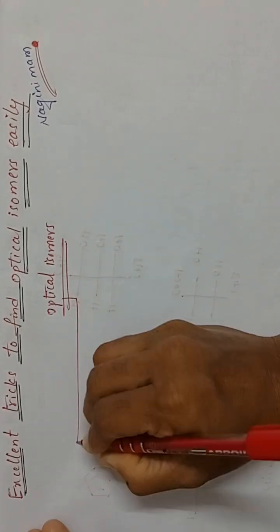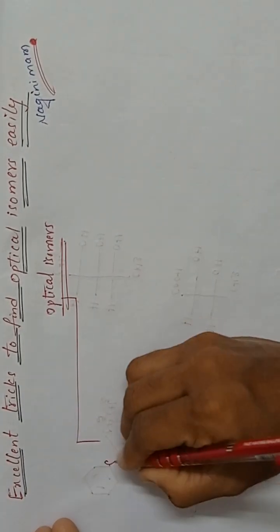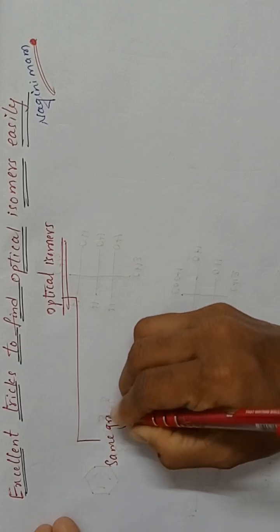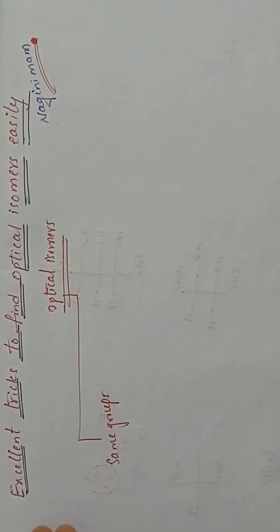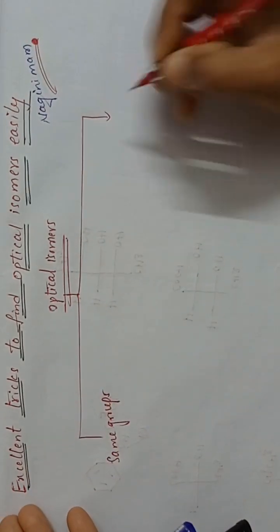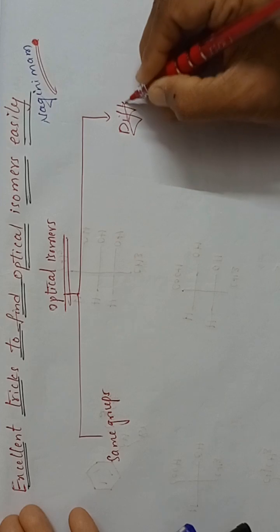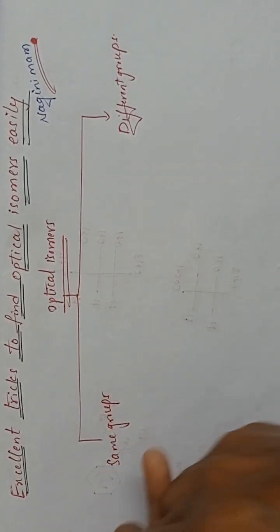So now see, students, first one, same groups are there, then what are the formulas? Second type, different groups.